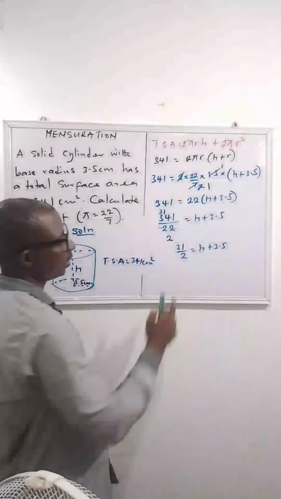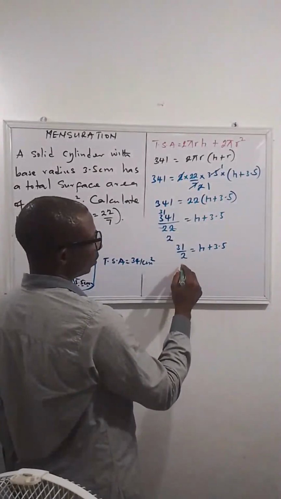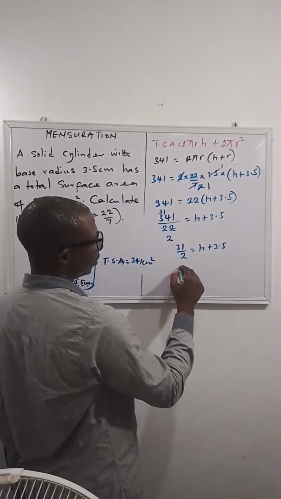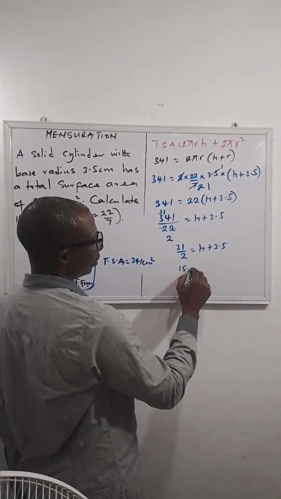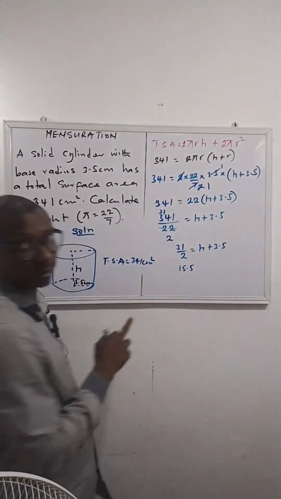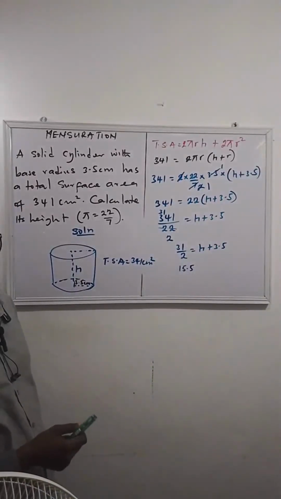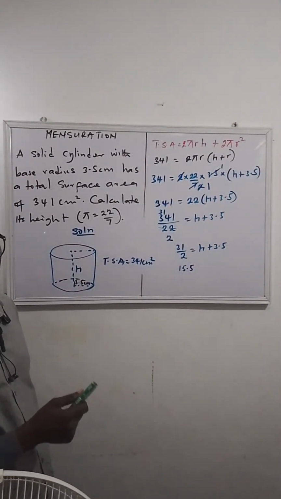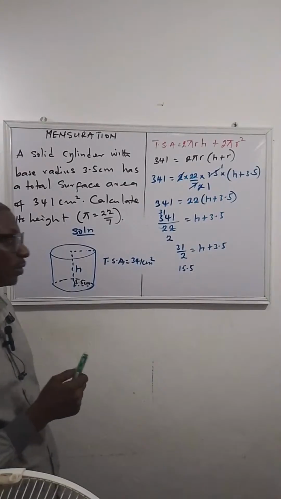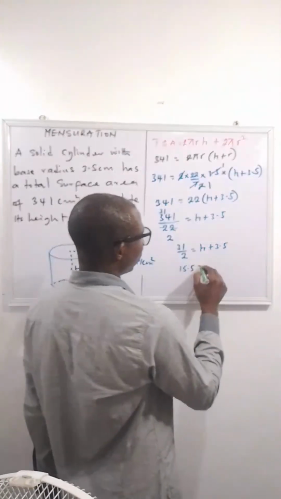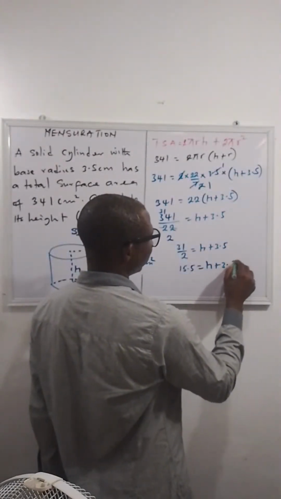When you divide this, it is the same thing as 15.5, because this is 15 and a half. When you divide 31 by 2, you have 15 and a half, that's 15.5. So 15.5 equals h plus 3.5.